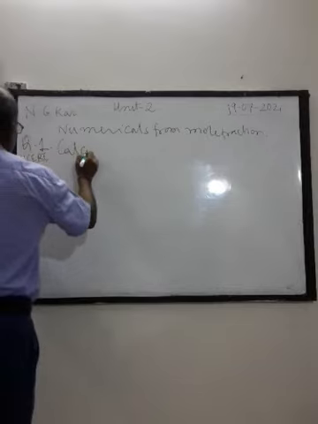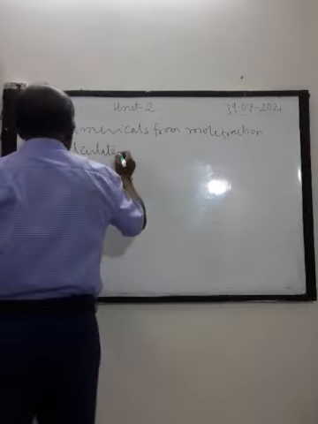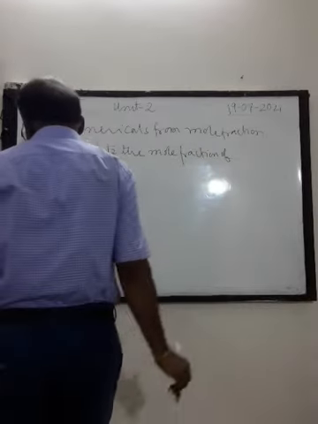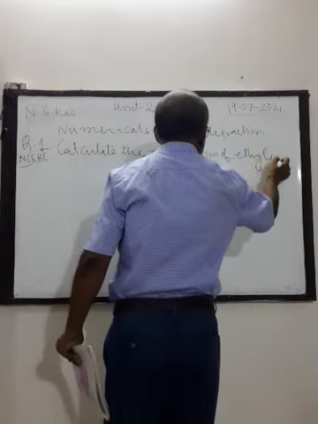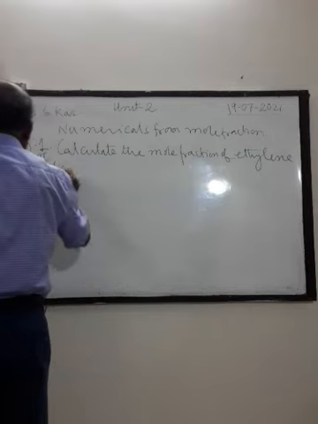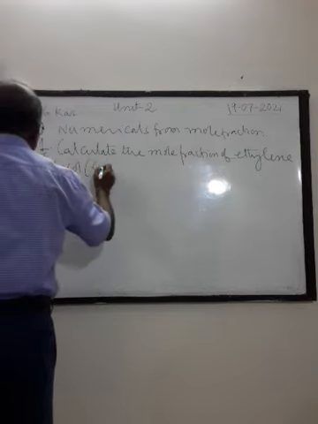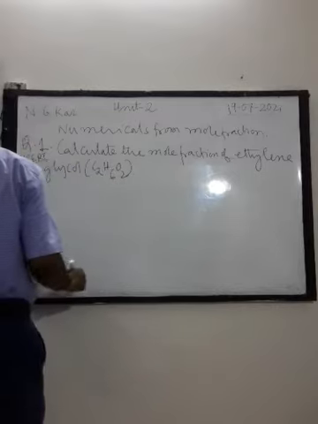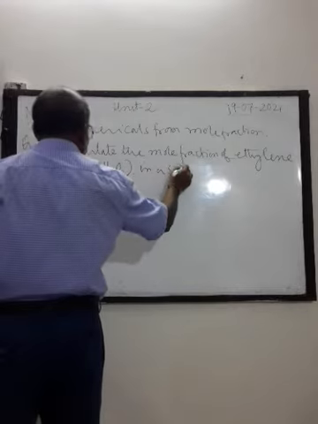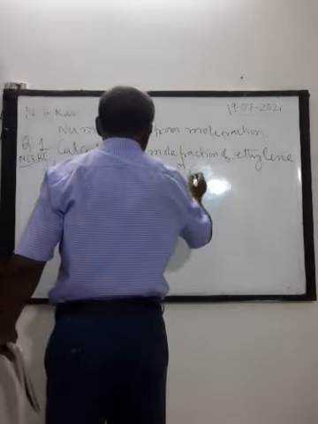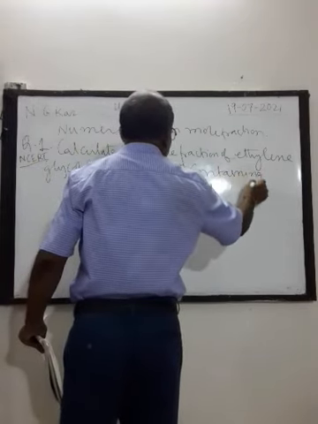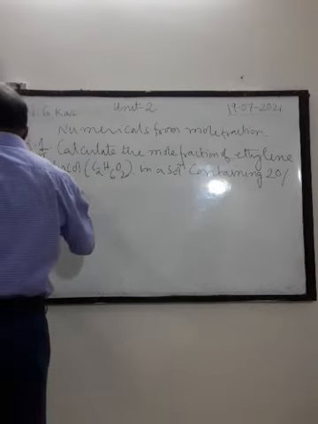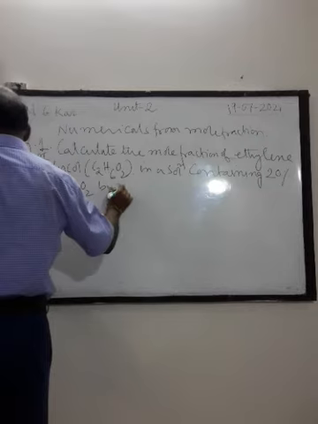Calculate the mole fraction of ethylene glycol, formula C2H4O2, in a solution containing 20% of ethylene glycol by mass.